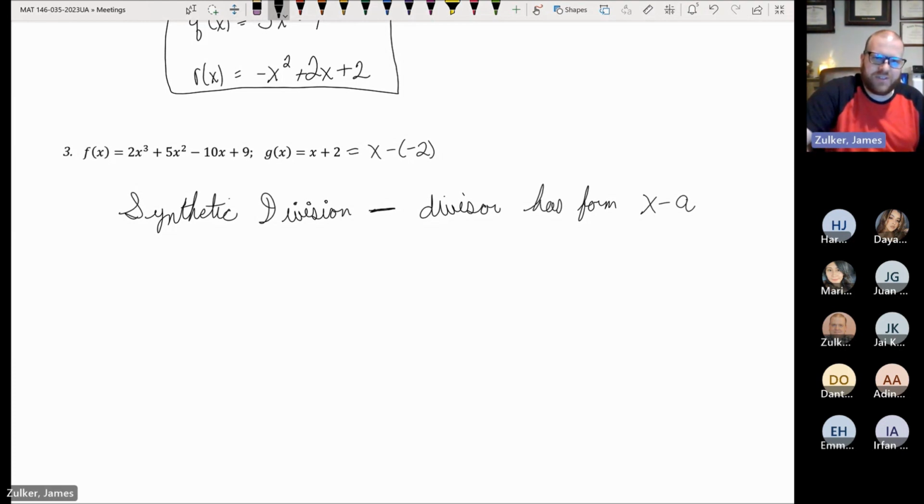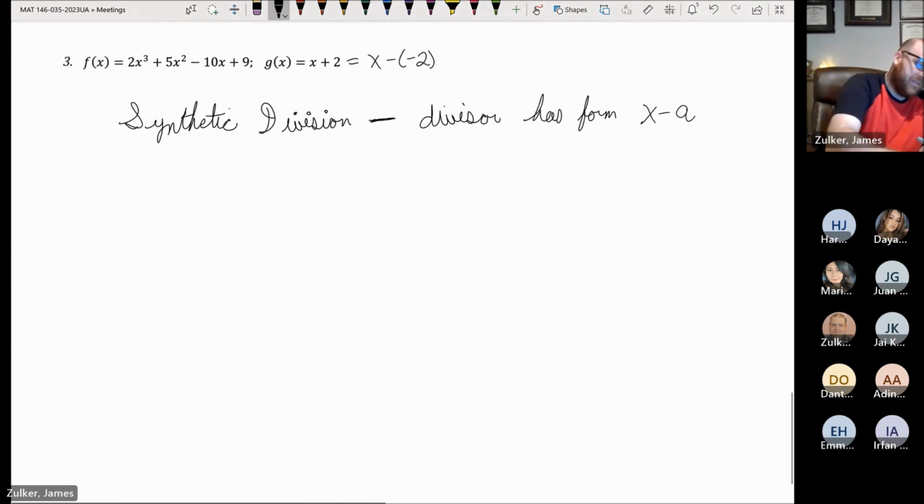So here's how we do synthetic division. Write out a. Draw a vertical line. Now look at the dividend. Write out the coefficients.